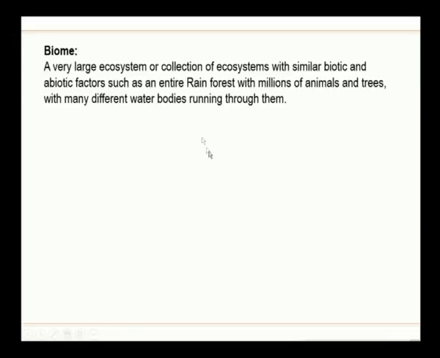So moving on to biome, a very large ecosystem or collection of ecosystems with similar biotic and abiotic factors, such as an entire rainforest with millions of animals and trees with many different water bodies running through them.